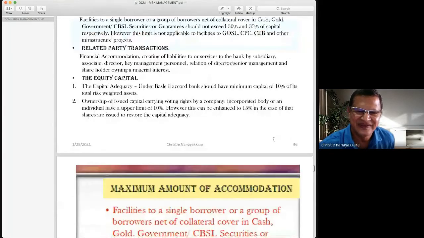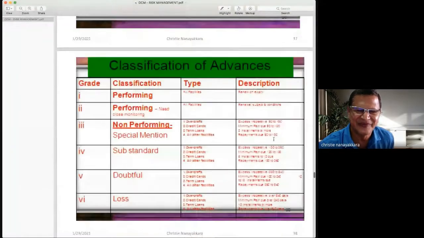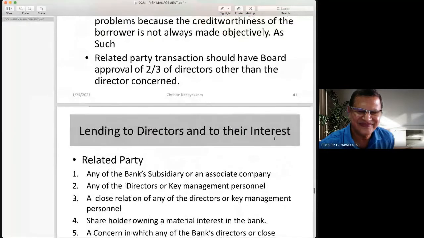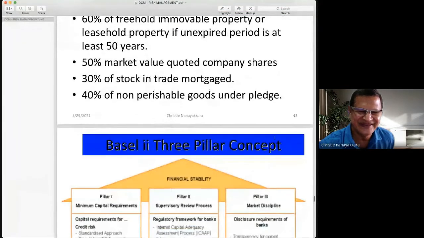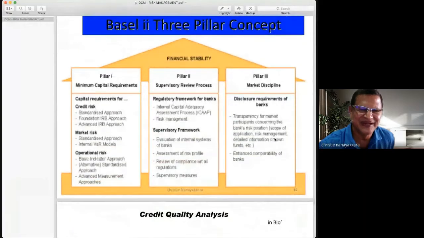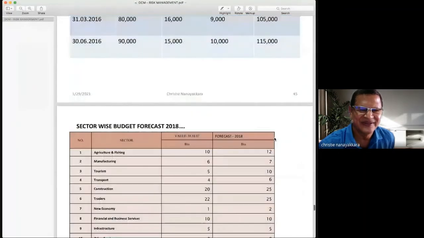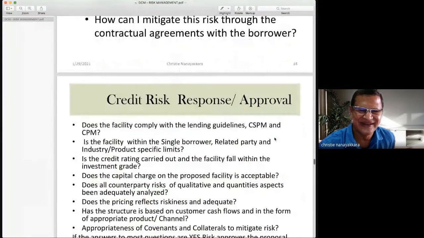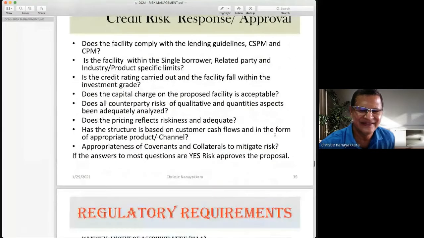These accords are coming from 1998, then in 2004 Basel II. Now actually Basel III also has come. So I'll explain a little to you what this Basel is.